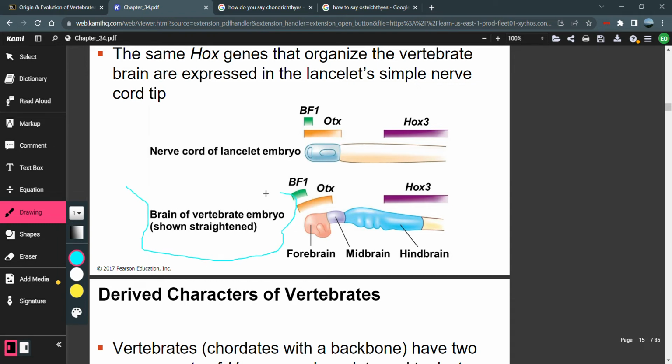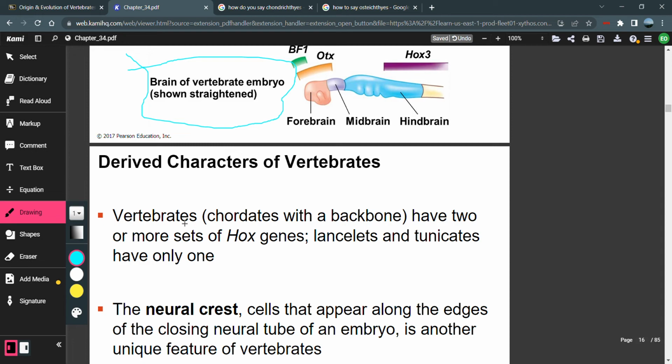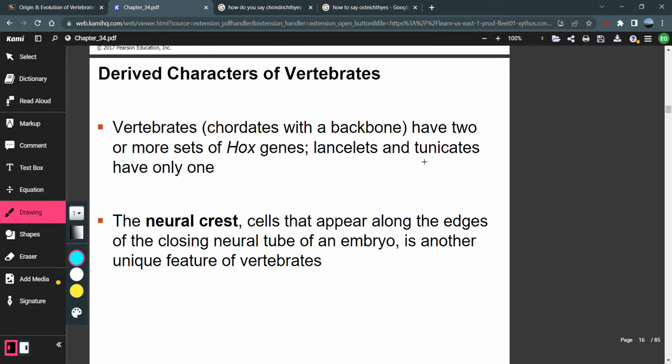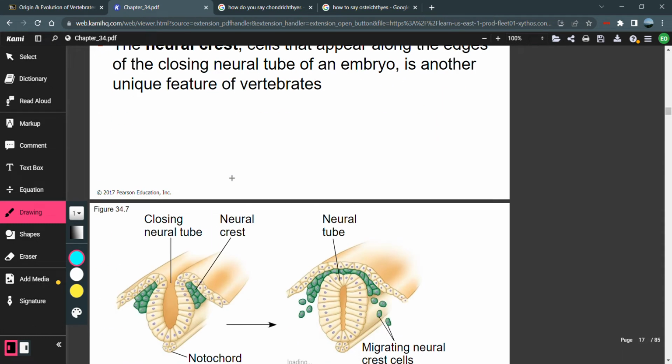The brains of vertebrates have multiple copies of HOX genes, which allows for more complex structures. Since lancelets and tunicates have only one copy of HOX genes, they are not as complex as us, because we have multiple copies of HOX genes, which allows us to become more sophisticated. A lancelet does not have hands, or a well-developed brain like we do.